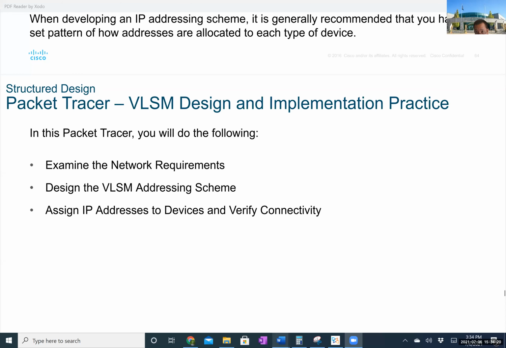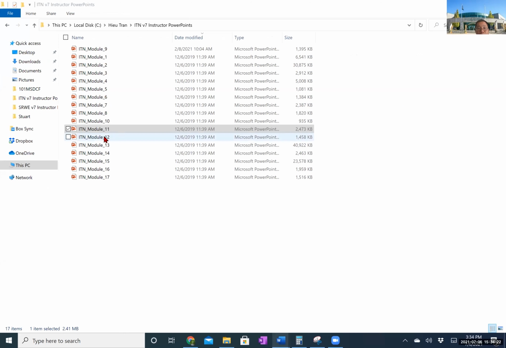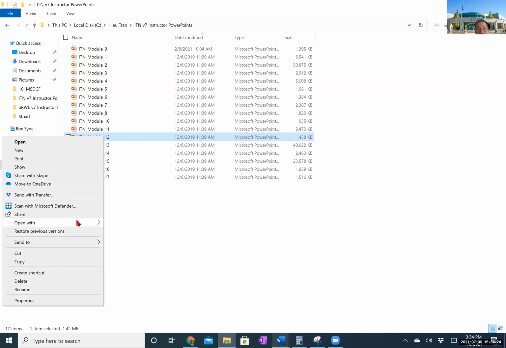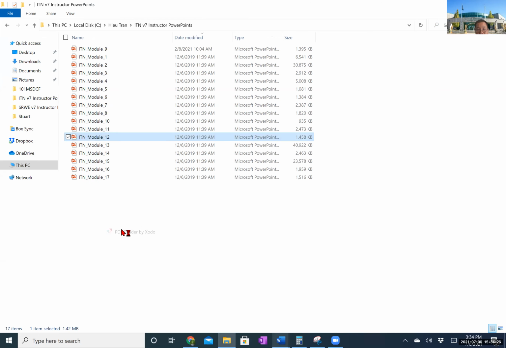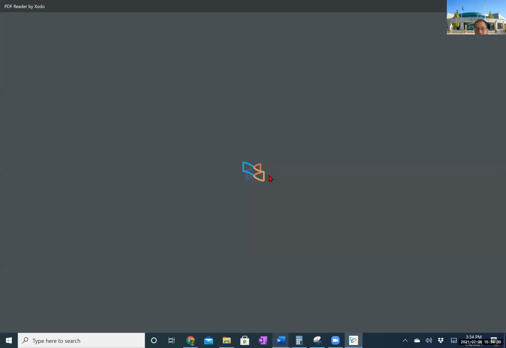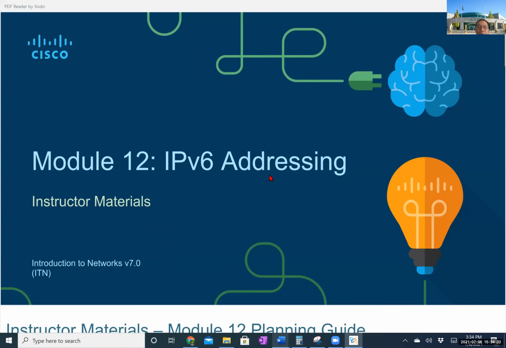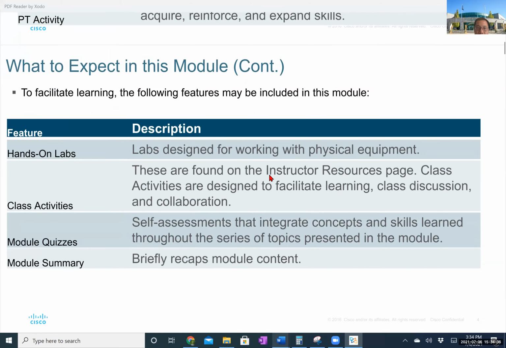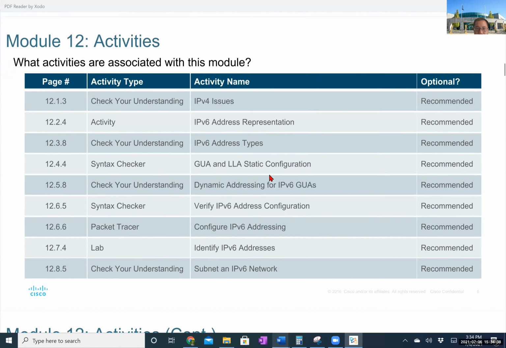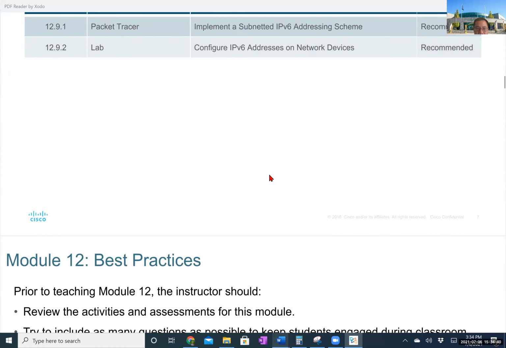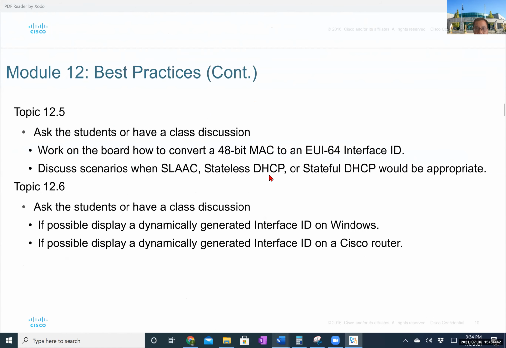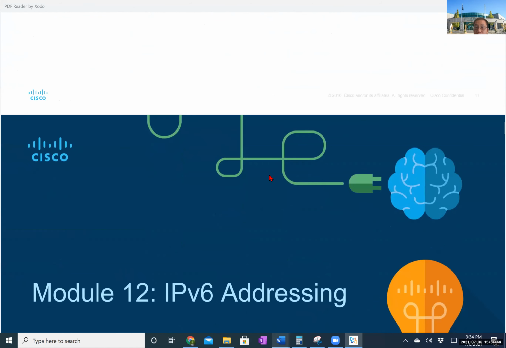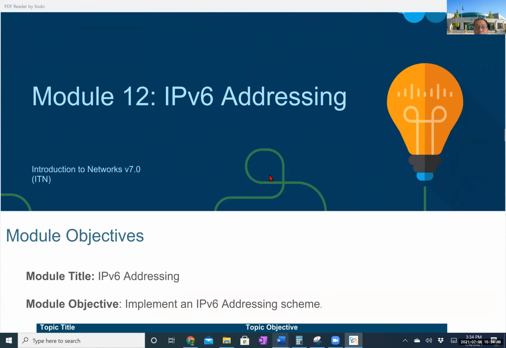Now move to module 12. With IP version 6, in total, you have 128 bits in the address here.